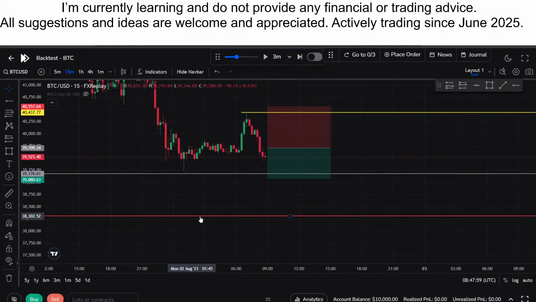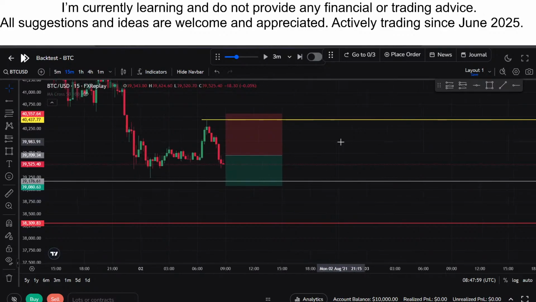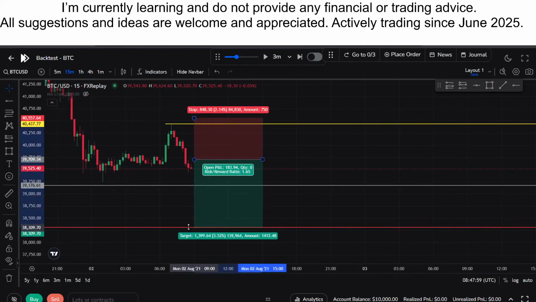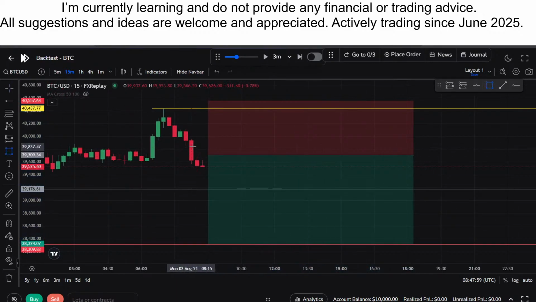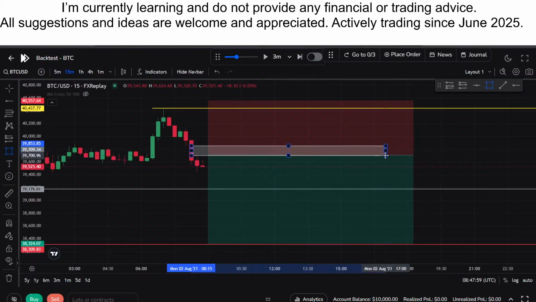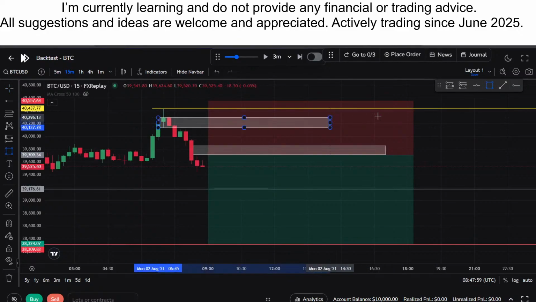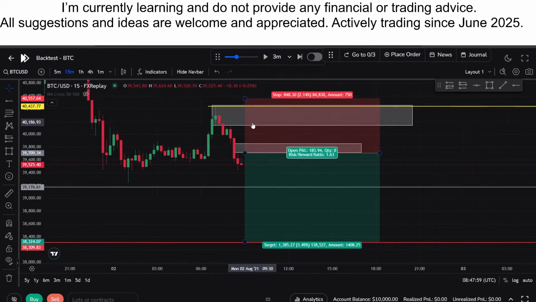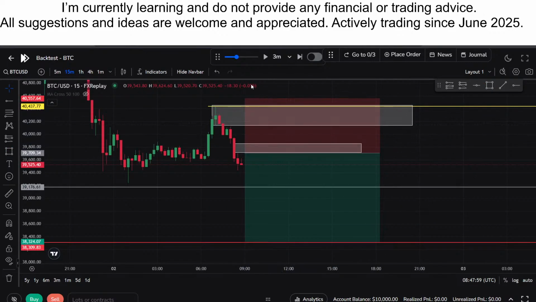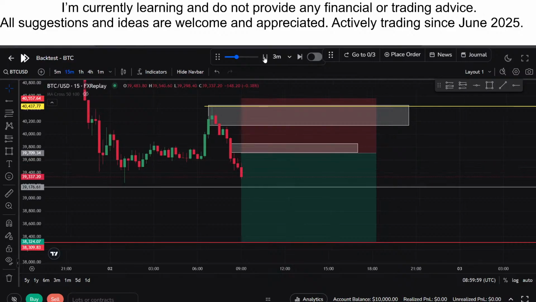This one is a fair value gap, and this one is the swing low. So I will put my take profit at the swing low. Here is our fair value gap, and maybe this one is our order block. So from here, let's see where the price goes.